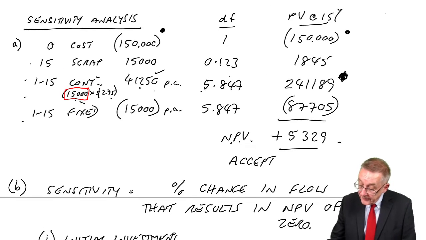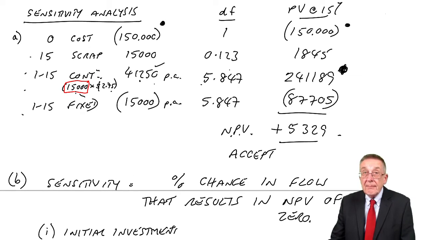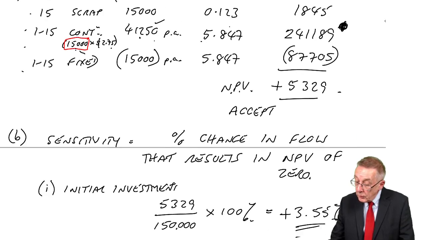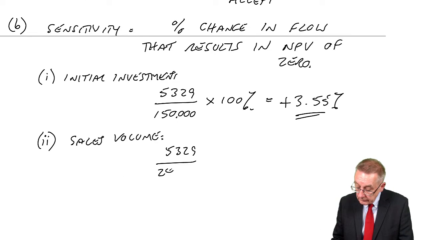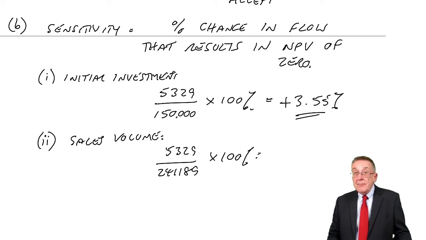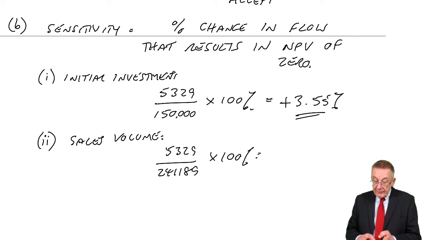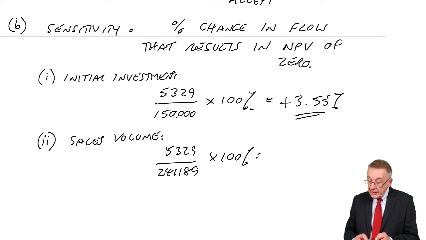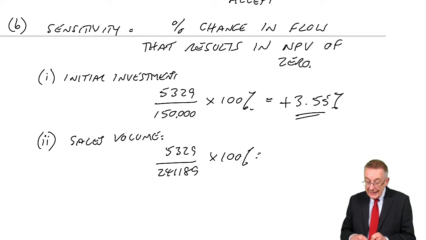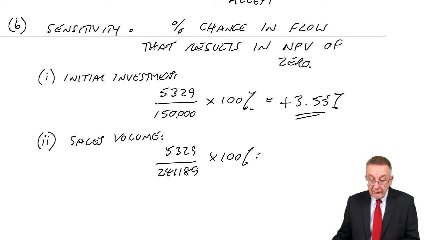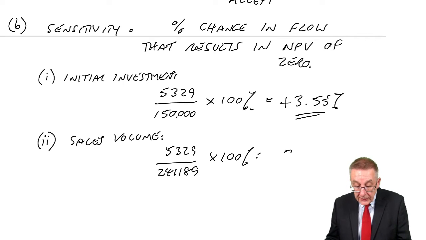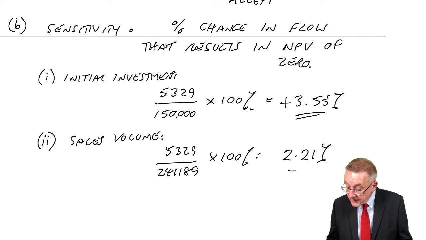The current present value affected by the volume is 241,189. In percentage terms, 5329 divided by 241,189 is 2.21%.